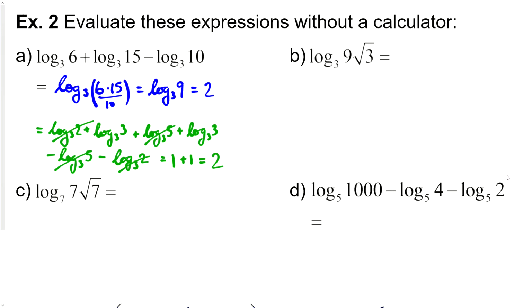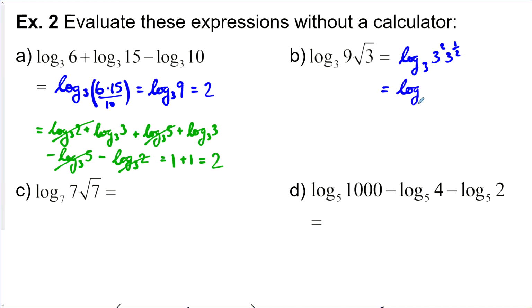Next one, we've got a base of 3, and 9 and 3 here can be also written as a base of 3. So let's try rewriting those. We've got log base 3. 9 is 3 squared, and the square root of 3 is 3 to the power of 1/2. So when we have exponents here and they have the same base, we can add those exponents.